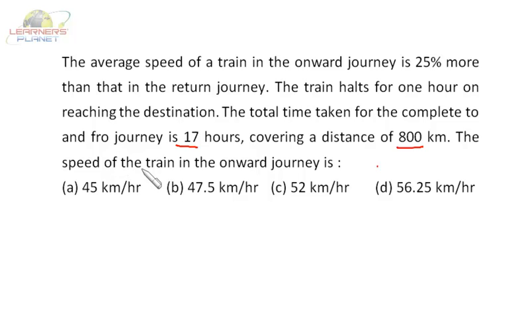We have to find out the speed of the train in the onward journey. Now, the speed in the onward journey is 25% more than the return journey. That means it is 125% of the return journey, and 125% is 5 by 4. That means the speed ratio of onward to return is 5:4.